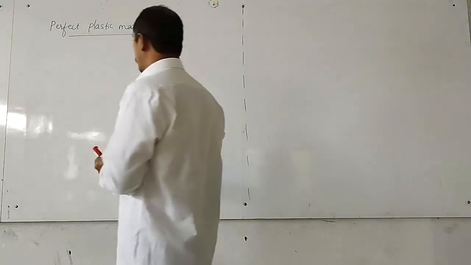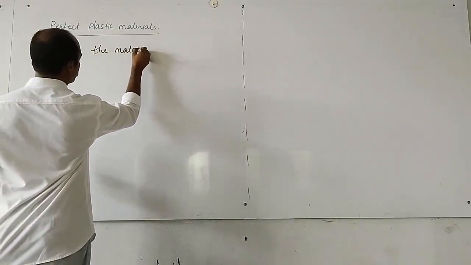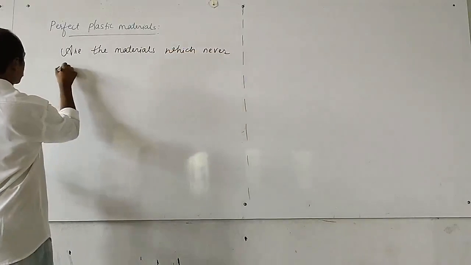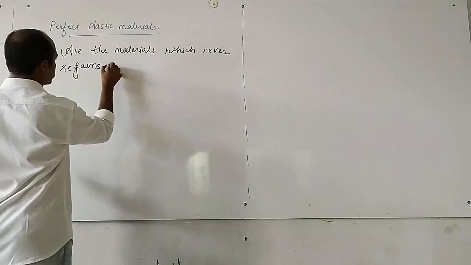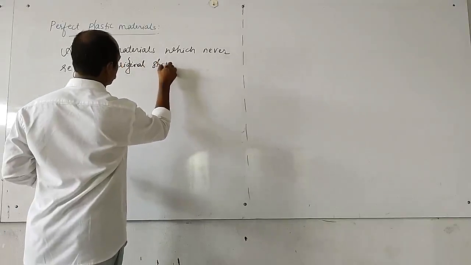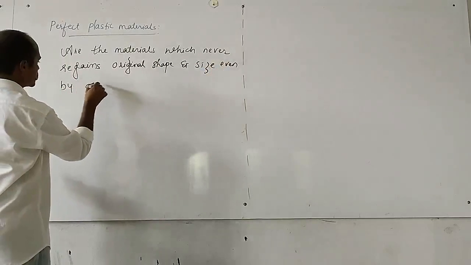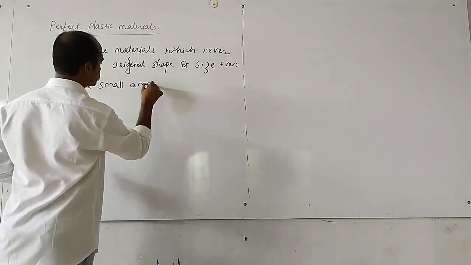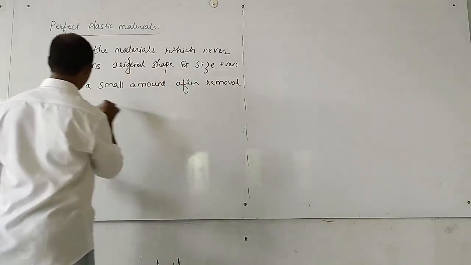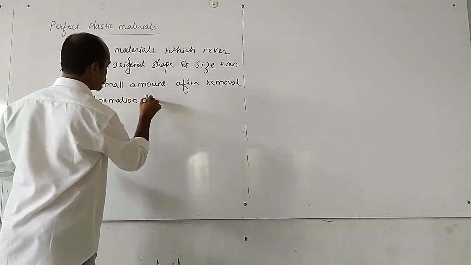So perfect plastic materials are the materials which never regain original shape and size, even by a small amount, after removal of deformation force, right?